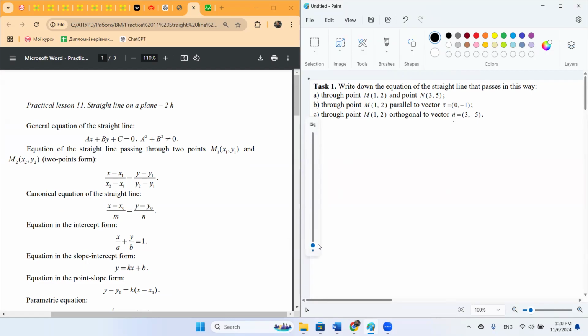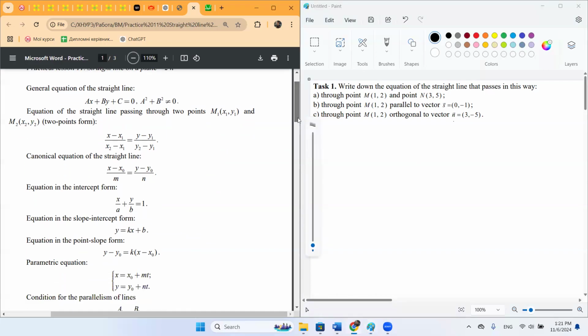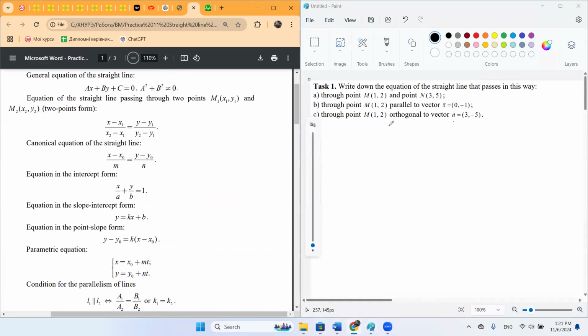Depending on the task, if nothing else is said, we just use the most convenient form, most suitable for our task. Which of them? Bogdan? Well, the 2-point form, I guess. Yes, the 2-point form, definitely, because we know 2 points and we write this equation.